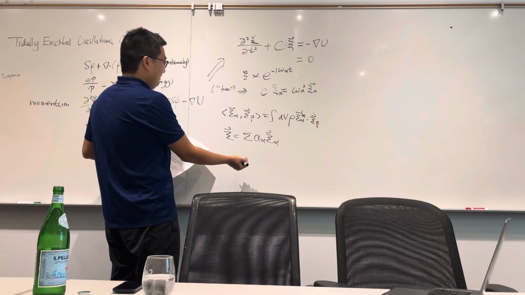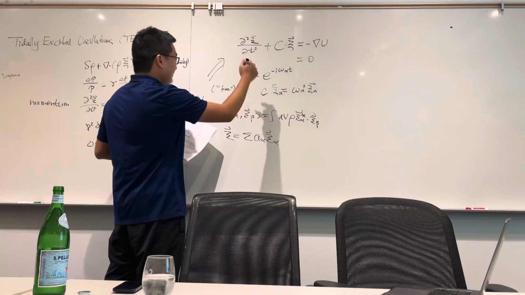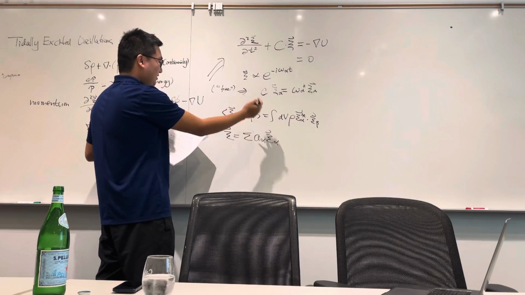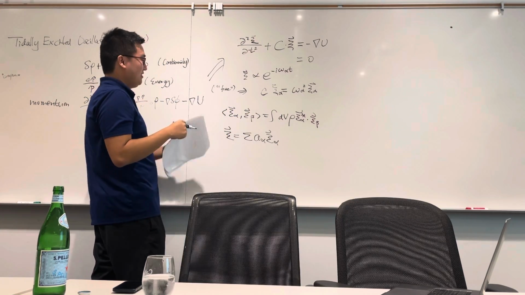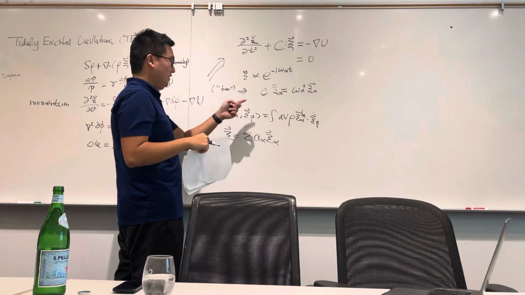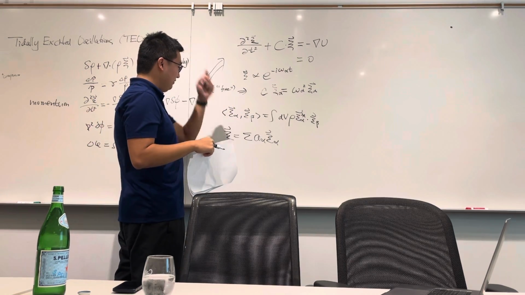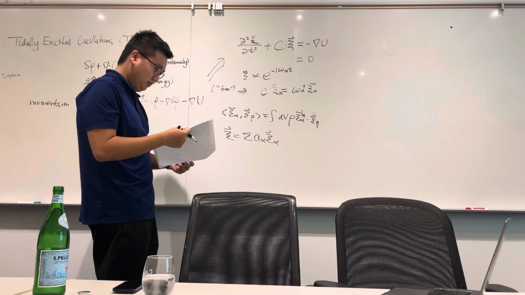And then you substitute it into here and take the inner product, and since this is Hermitian, all these eigenvectors are also normal.